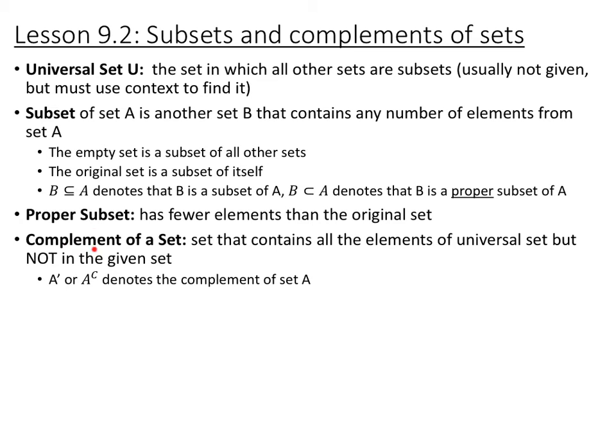An example of a complement of a set, let's say your universal set, your big overarching group, are students at Newport Harbor High School, and you're talking about the set of female students. The complement would be all students who do not identify as female. That's all the students that exist in the big overarching group, but not in the group that you're talking about.